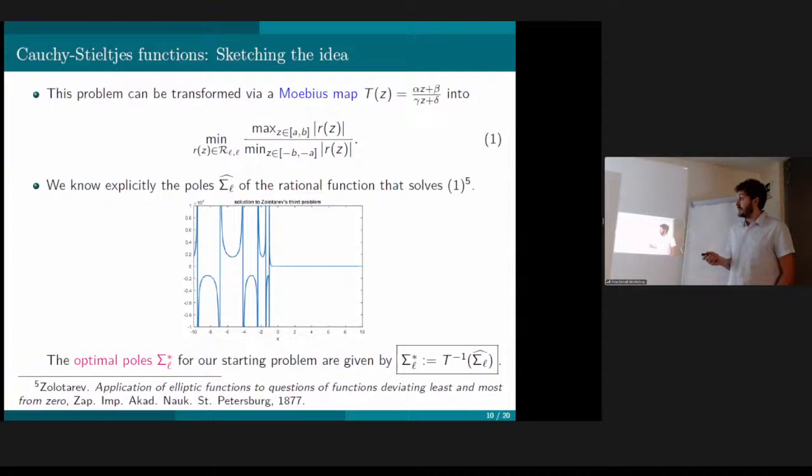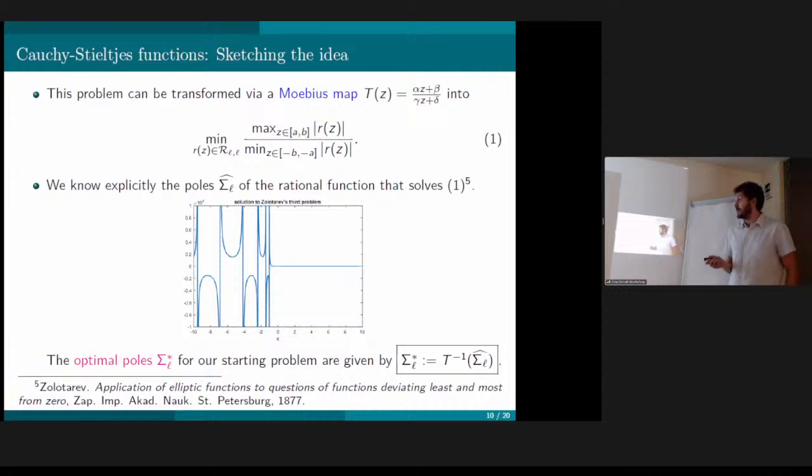Maybe you can say this is not a big improvement because I still don't know how to solve this problem, but luckily there is someone that already did it for us, actually quite some time ago, because this problem was solved by Zolotarev, who was a student of Chebyshev in the 19th century, and he actually also posed the problem and solved it, so he did everything by himself.